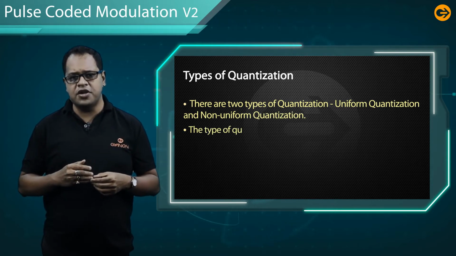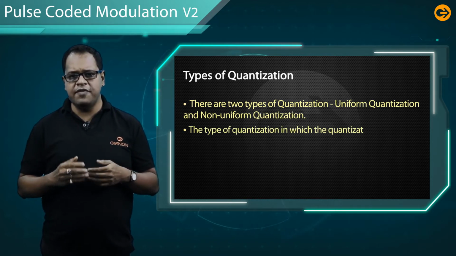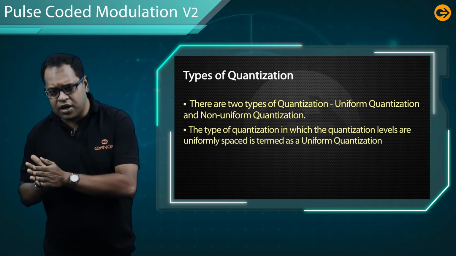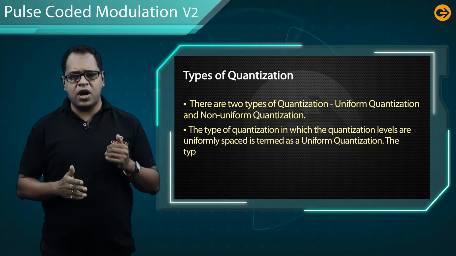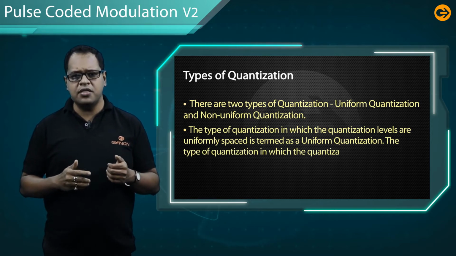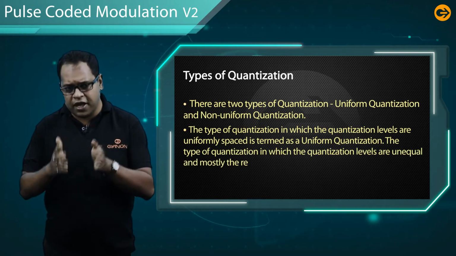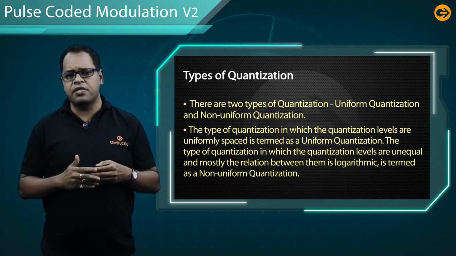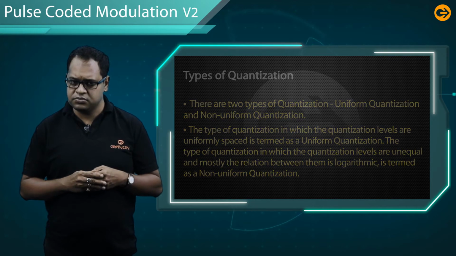The type of quantization in which quantization levels are uniformly spaced is termed uniform quantization. The type of quantization in which the quantization levels are unequal, that means not the same, and mostly the relation between them is logarithmic, is known as non-uniform quantization.